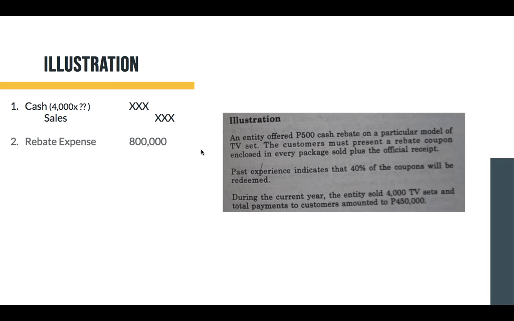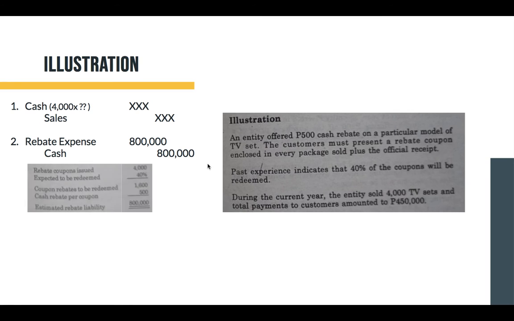Okay, so next is to recognize how much rebate we need to give out. This is based on the assumption that 40% of those who were issued with cash rebate coupons will redeem.